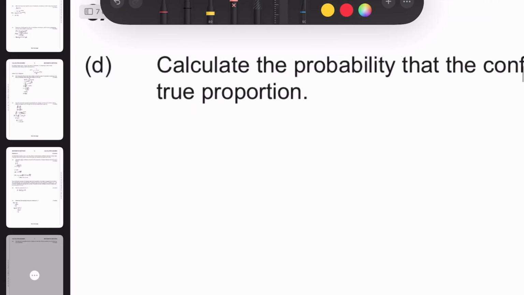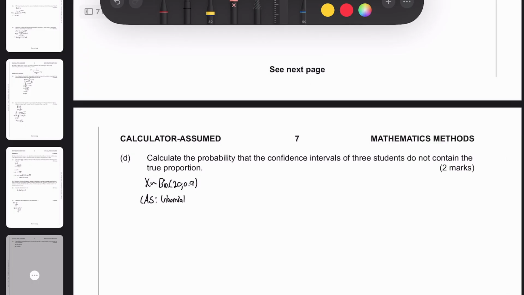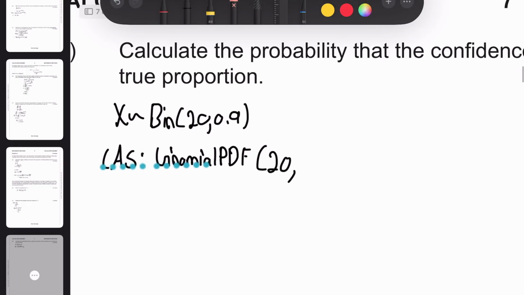Calculate the probability that the confidence intervals of 3 students do not contain the true proportion. Okay, so all we require is that x is the binomial distribution of 20 and 0.9. Then from here on CAS, we're going to use a probability density function, with a total of 20 students.